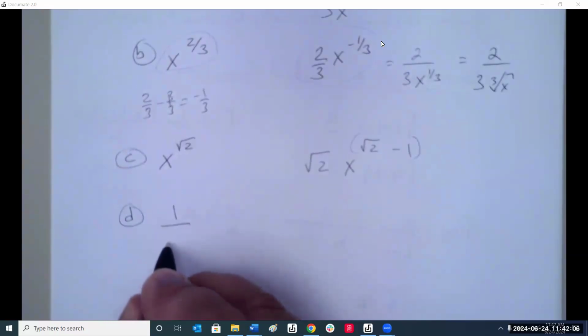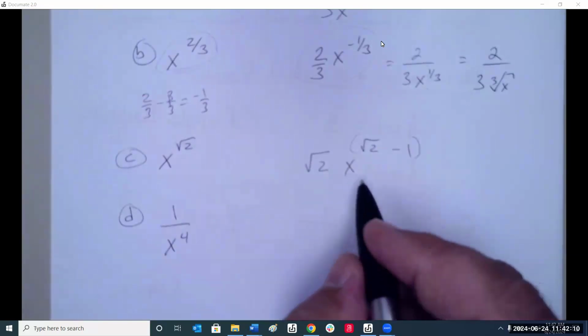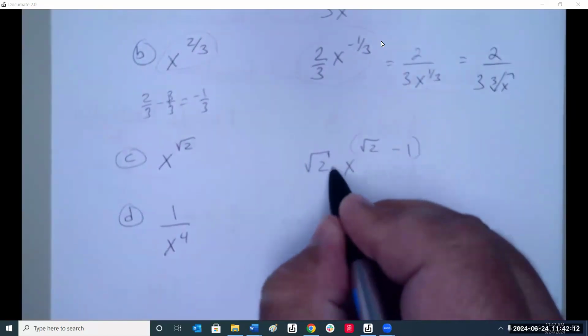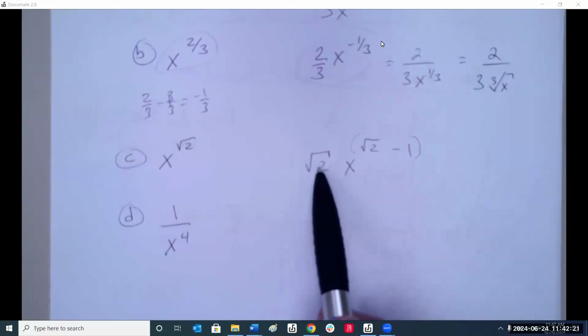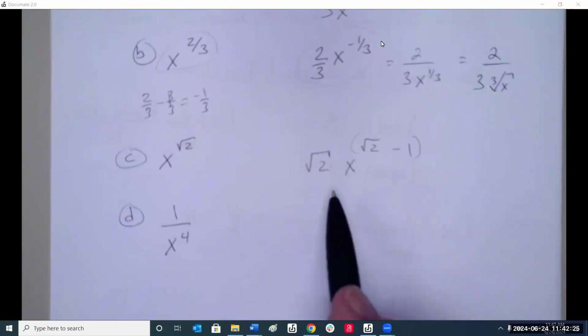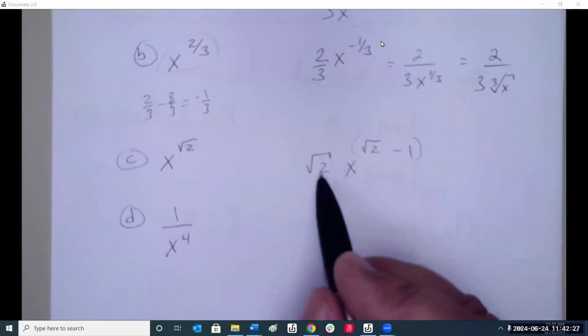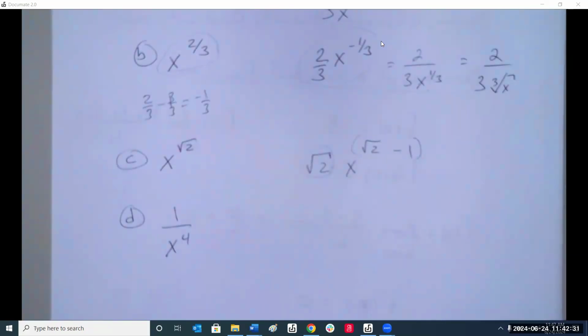Is the x included in the square root or no? No, it's just square root of 2 times x. Yeah, that's a common mistake a lot of students make: where does this radical thing end? And if they're right too close, then it looks like it's integrated into it. No, it's radical two times x to the power radical two minus one.